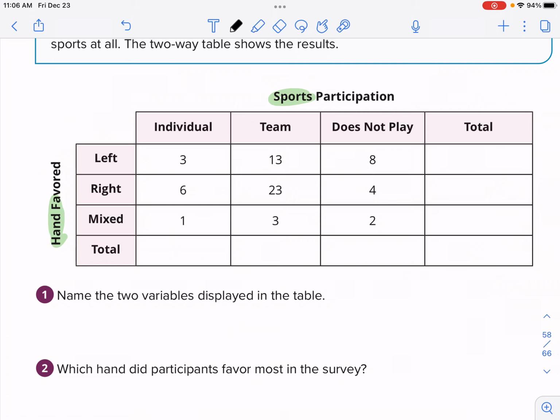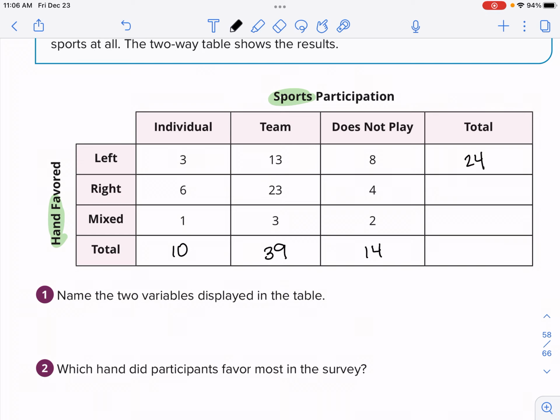So are they right-handed, left-handed, or are they mixed? Do they play with maybe both? If you add up for the people that play an individual sport, 3, 6, and 1, this equals 10. Team sport, you're going to add 13, 23, and 3, that is 39. And those that do not play a sport, that is 14. And if we add up our rows, the total amount of people that are left-handed in this math class survey was 24.